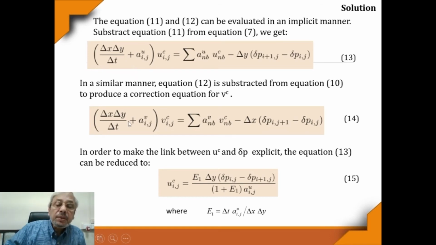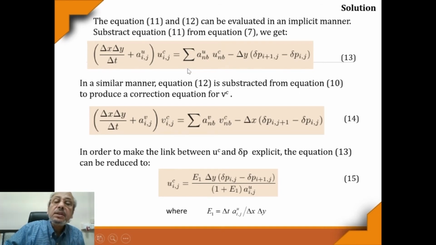Now, these two equations are basically implicit equations. Here u_ij correction, u_i+1,j correction, u_i-1,j correction, u_i,j+1 correction, u_i,j-1 correction are all unknown, and delta p is also unknown. So we have to break this implicitness through some approximation.